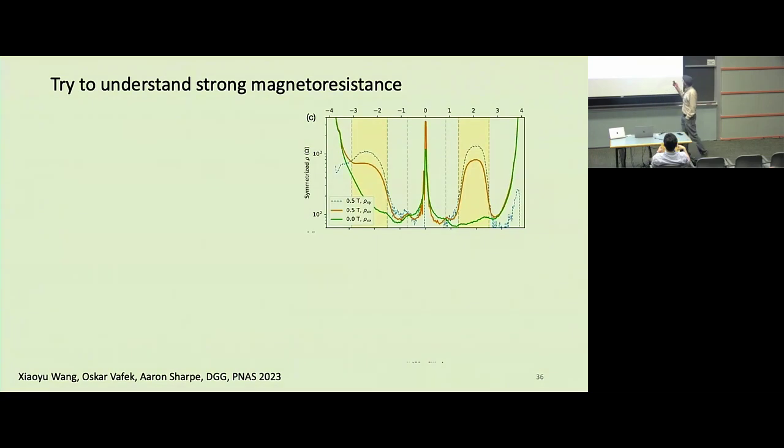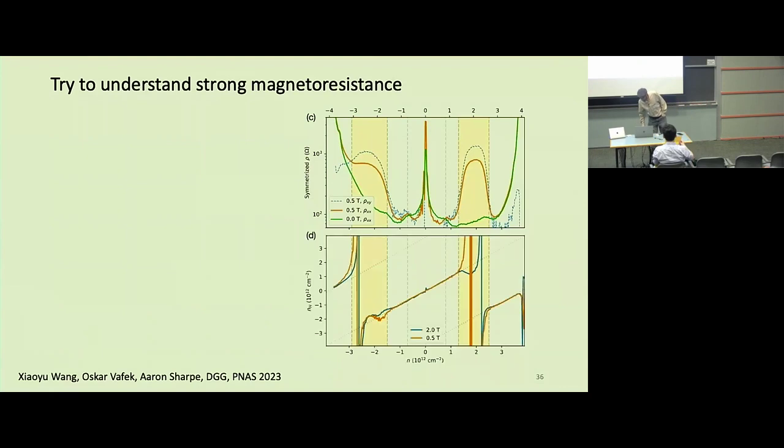So this is just a selection of the data again, showing the strong magnetoresistance region. I just want to point out one thing that I didn't show you before, which is that if we measure the Hall numbers, so we take the Hall effect and we just take the inverse of that and infer what the density is, you can see that out to more than 1 electron per moiré, nothing's really happening.